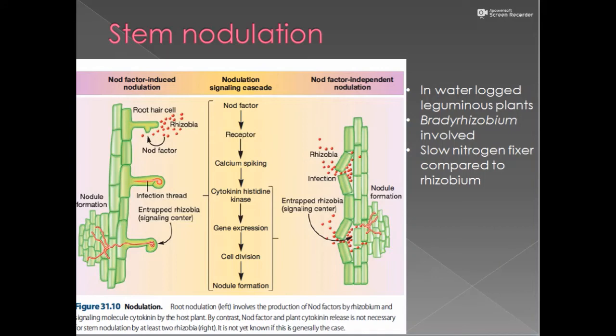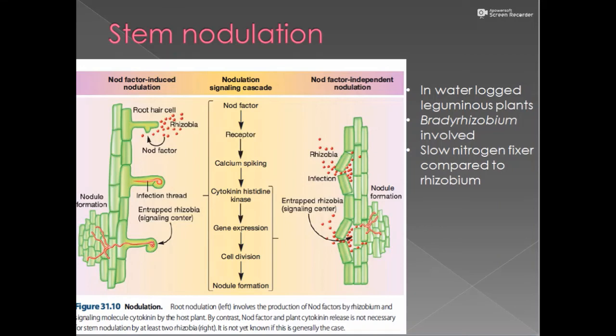If you consider stem nodulation and root nodulation, there are some differences. In root nodulation, the nod factor as well as the infection thread and so on are involved. But in stem nodulation, the involvement of nod factor does not occur.